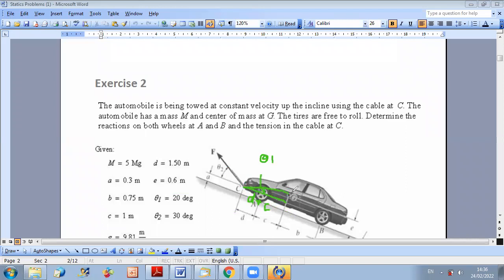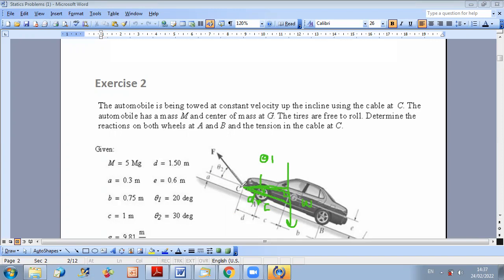So if I want to find the perpendicular distance between the weight and point C, I can say that this perpendicular distance is doing with D plus C an angle of theta 1.